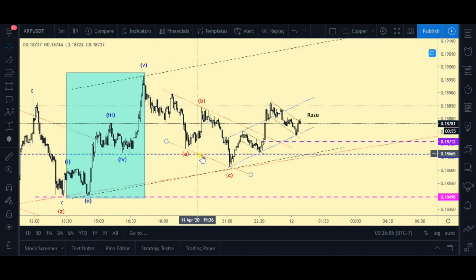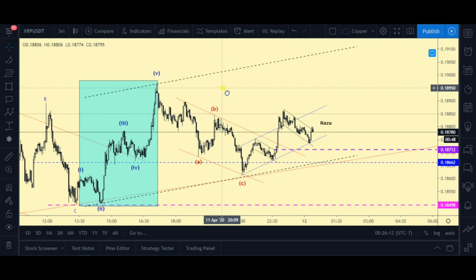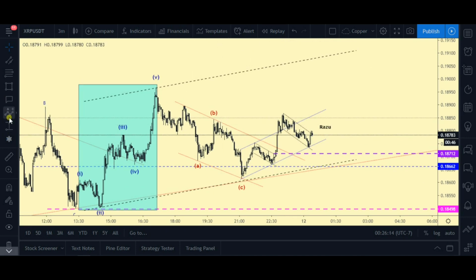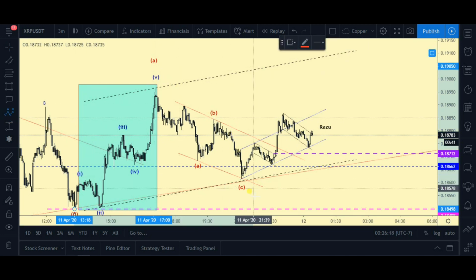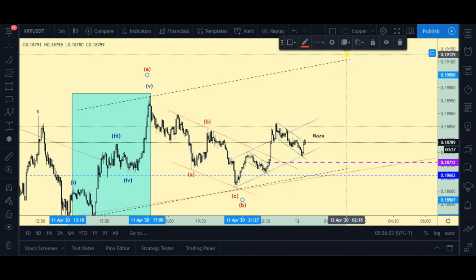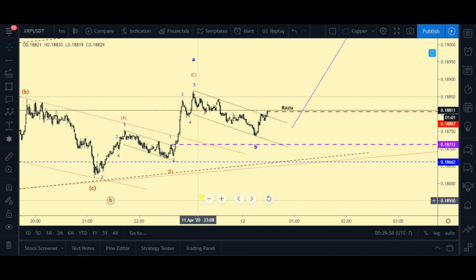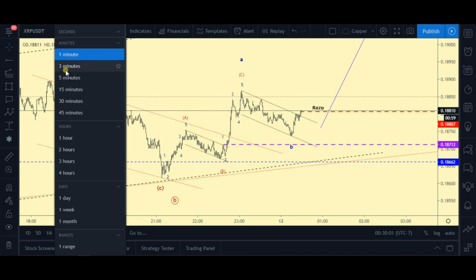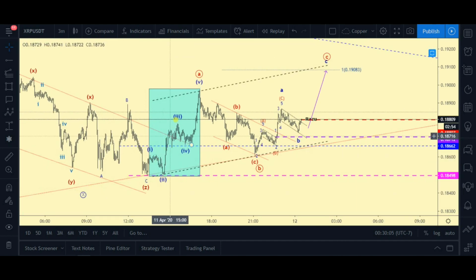Then we have the A, B, and C corrective, and so this could be a bigger ABC, which we are saying A and the B and the C could end around here. Expecting this move currently, since we are seeing in a 3-minute chart in a larger picture that there is an impulsive wave here, 1, 2, 3, 4, 5, then A, B, C correction.